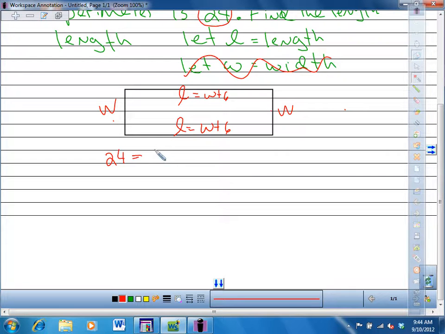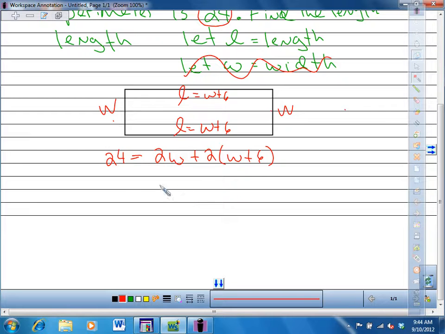I have 2 W's. And then I have 2, how long is this side? What do I call this side right here? W plus 6, okay? And then I have that's a nice equation, okay? Beautiful equation. 24 equals 2W plus 2(W plus 6).